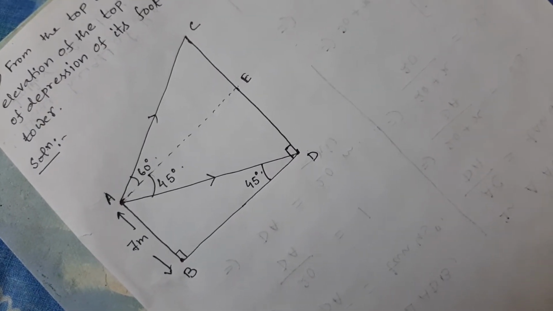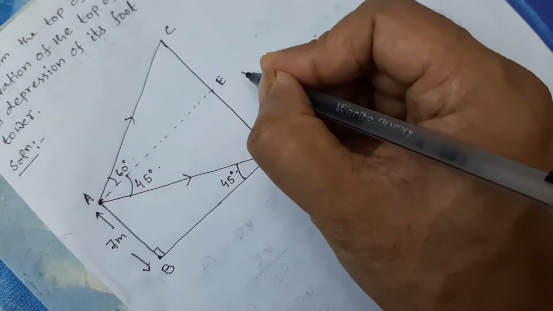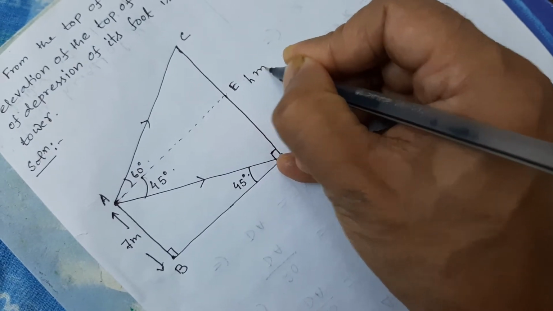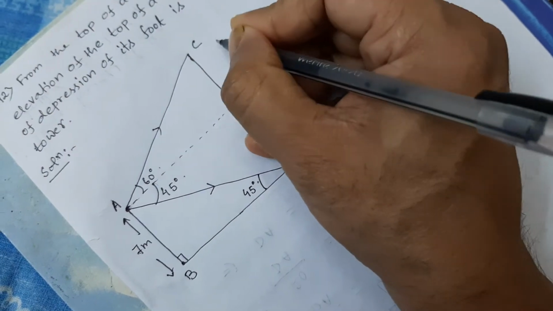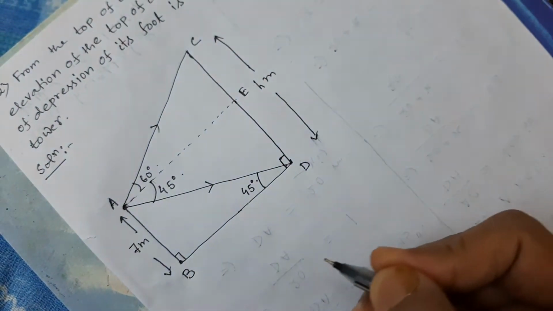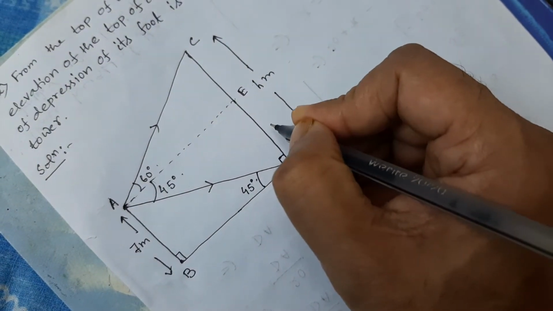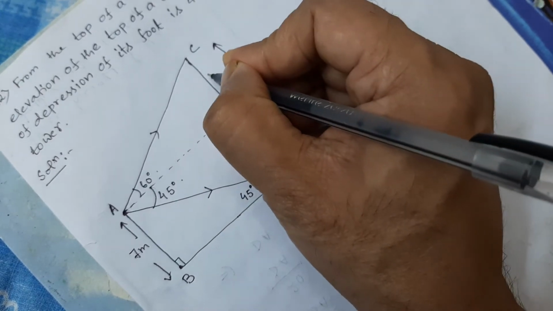Okay, and let the height of the tower be H meters. The height of the tower, that means CD, is H, and AB is 7, so DE is also 7, and EC is H minus 7.